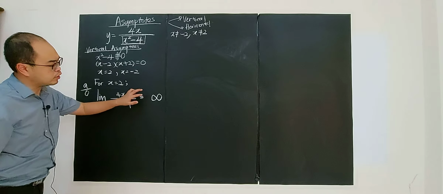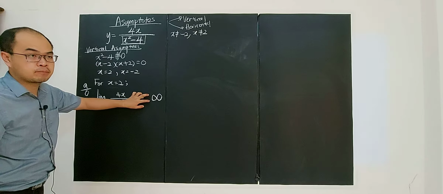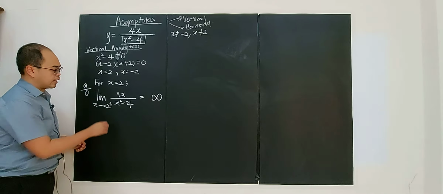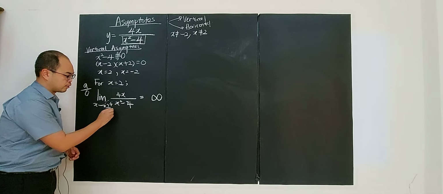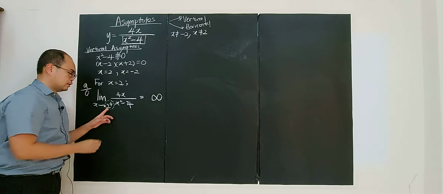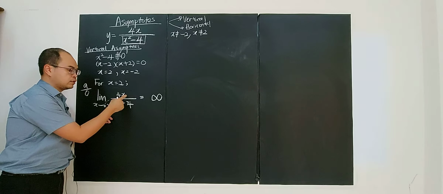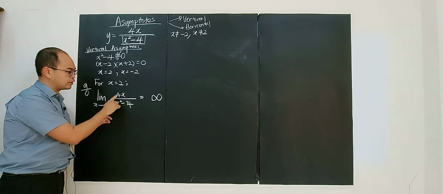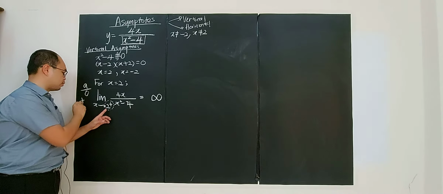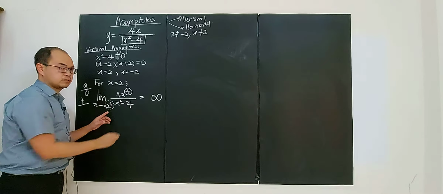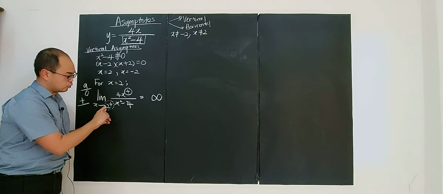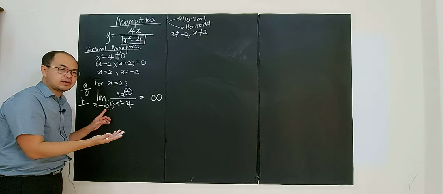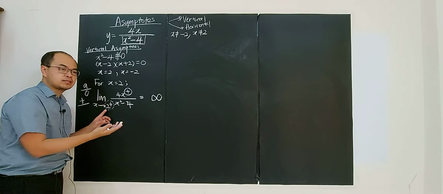The problem here is the sign. Is it going to a very big positive value or a very big negative value? We don't know yet. The numerator at 2 is 8, a positive number. But the denominator at 2 gives 0, so you cannot decide the sign.